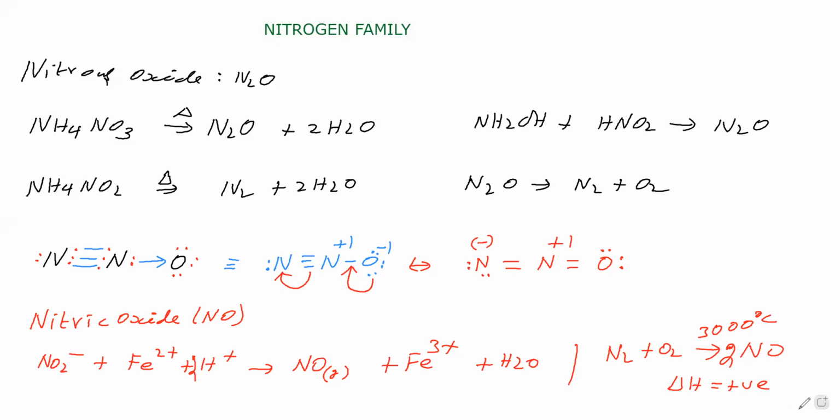Then nitric oxide structure we will see. This NO we will take. This nitrogen group number is 5, therefore its valence shell is having 5 electrons. Oxygen group number 6, therefore this valence shell is having 6 electrons. Between nitrogen and oxygen, double bond will be present. Now here, unpaired electron is present.